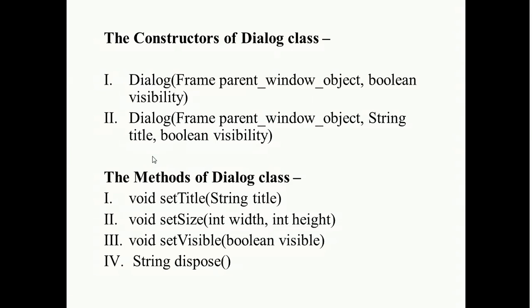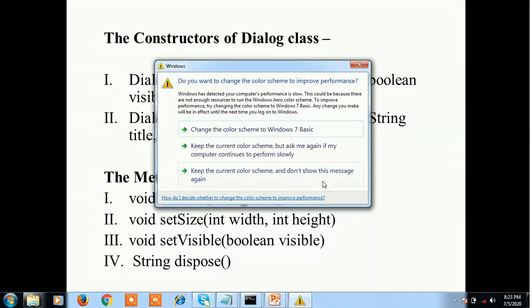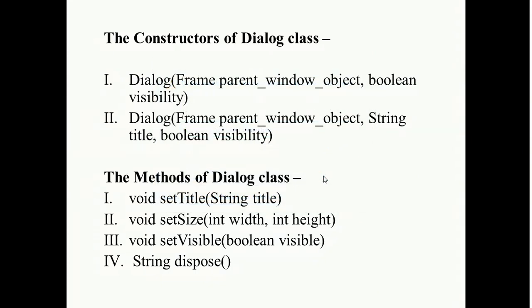The third method is void setVisible, with parameter boolean visible. The setVisible method makes the dialog box visible or invisible. The value of boolean visible is true or false. If it is true, then the dialog box is visible. If it is false, then the dialog box is invisible.